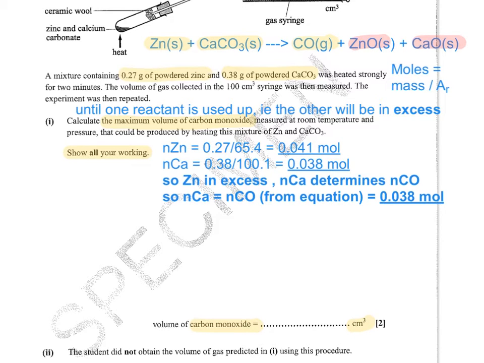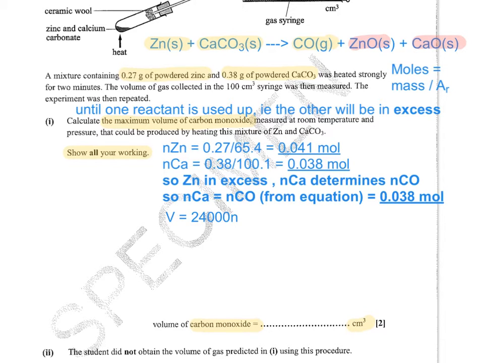So now what we've established is that the number of moles of carbon monoxide we're trying to work to is 0.038. So that's the maximum moles that you can get from that particular mixture with those particular amounts. So now let's get stuck into how to convert that into a volume.